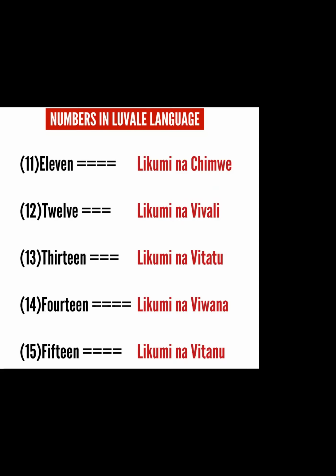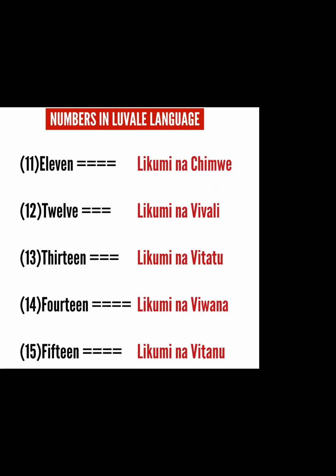I think in the past we've been getting this question most of the times. People were asking about the word na. Anywhere, na means and. So when they say likumi na chimwe, they're telling us 10 and 1. Like you said, Luvale is a mathematical language.